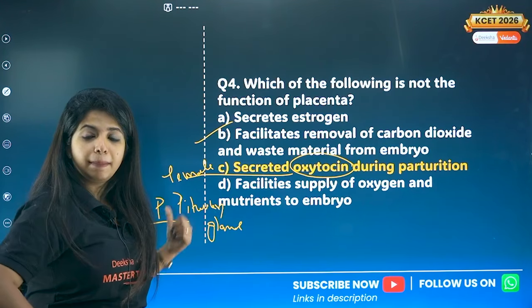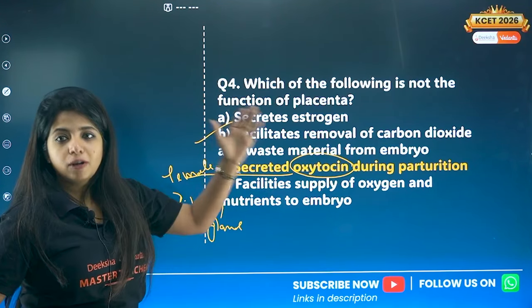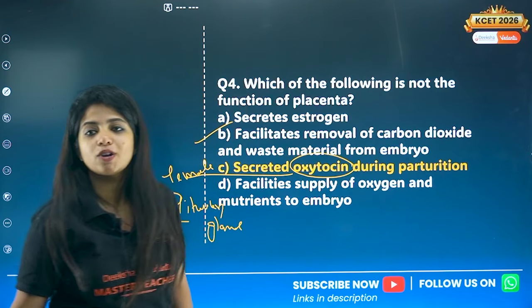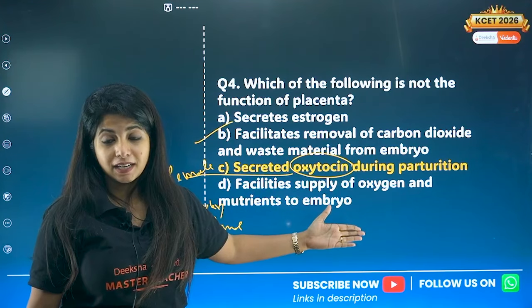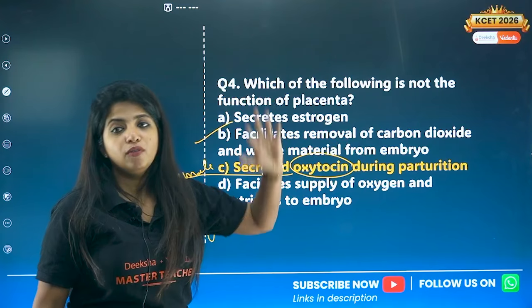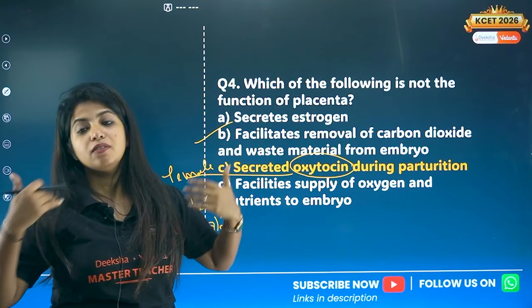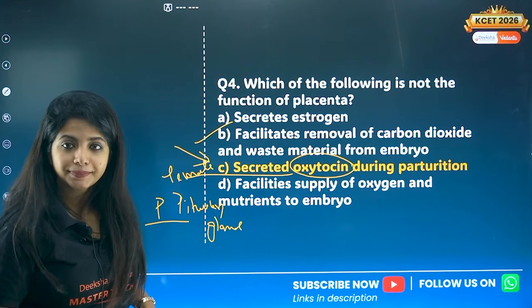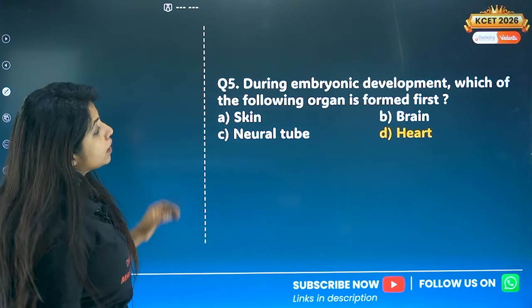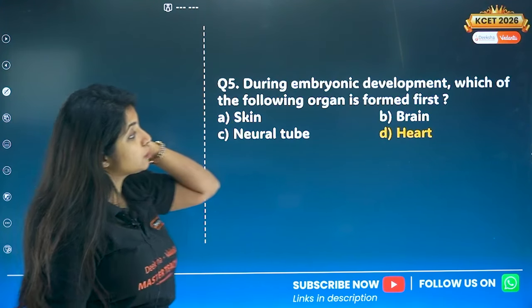You can remember like that: posterior pituitary for parturition. And what does it release? It releases oxytocin. Facilitates supply of oxygen and nutrients to the embryo. Yes, it does. Placenta does the good thing and does the removal of things as well. It provides nutrition and removes whatever is not needed. So, your answer for this question would be what? C. Cool.